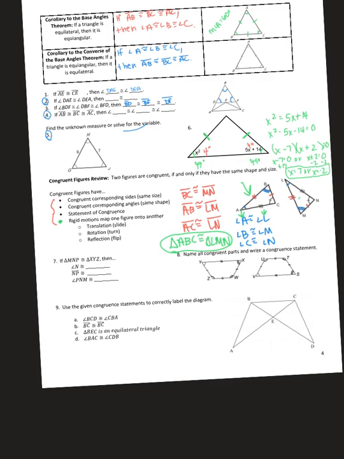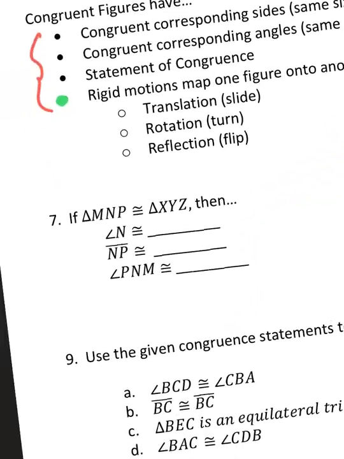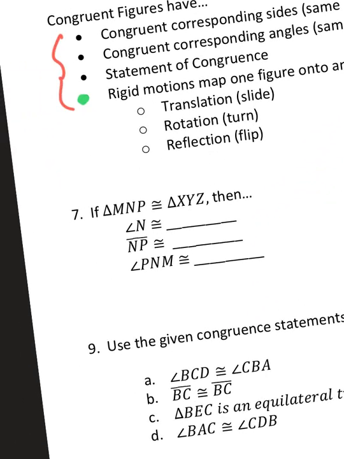All right. So in number 7, it says if triangle MNP is congruent to triangle XYZ, then angle N is congruent to, okay, so we're going to use the congruence statement, which is why the order is so important on the congruence statement. So angle N is congruent to angle Y. Segment NP, the last two, is congruent to segment YZ, also the last two.